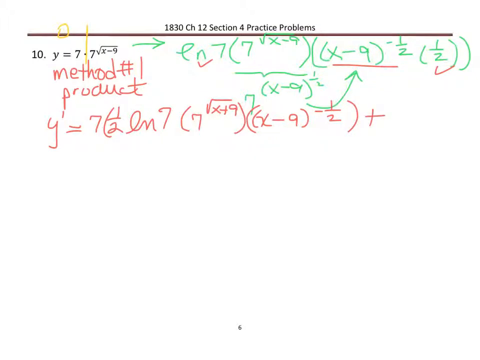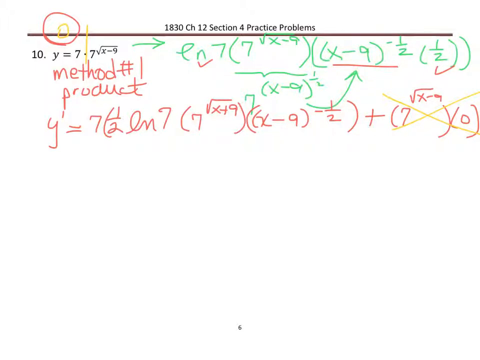Plus the second factor, but when you multiply it by the derivative of the first factor, that part disappears. And it leaves you with this.